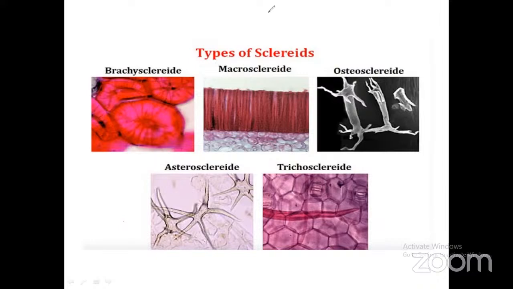They are present in almost all parts of plants. Their cell lumen is very narrow. The fibers possess a very thick and hard lignified secondary cell wall. They are the main mechanical support in plants.